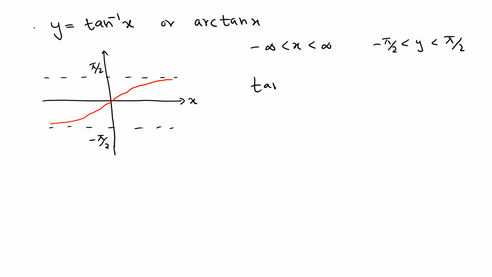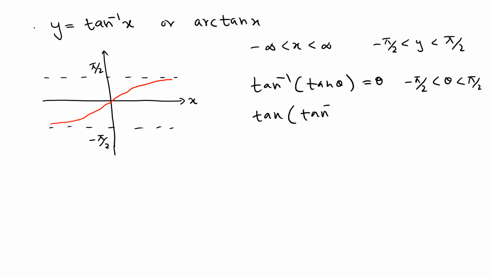So tan inverse tan theta can be cancelled if theta is in this range, between negative pi over 2 and pi over 2, not including the endpoints. And then tan tan inverse x cancels for any x. So these are the cancellation properties for tangent.